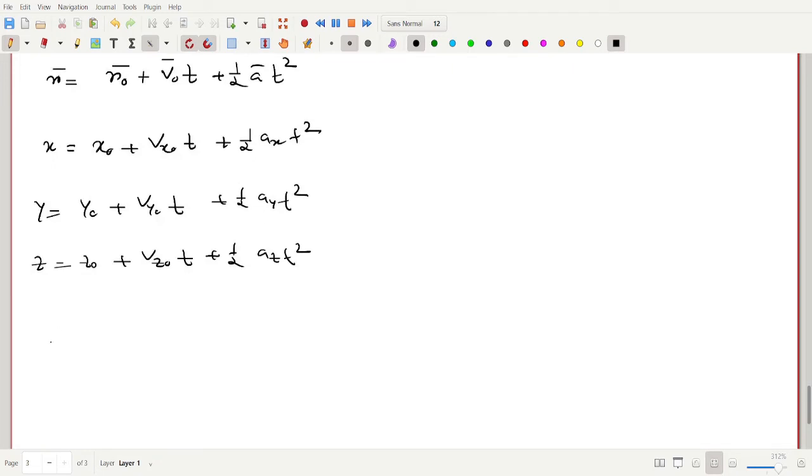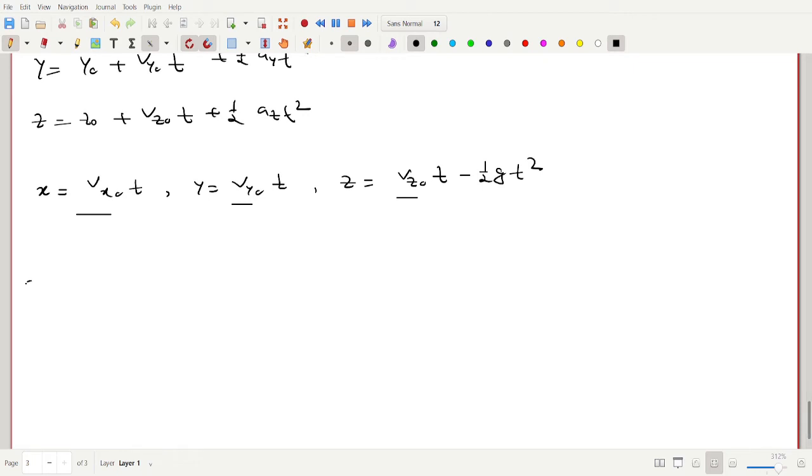Ax and ay are also 0. So x equals vx naught t, y equals vy naught t, z equals vz naught t minus half gt square. We already have calculated these terms. We can now do it easily. Just plug in the values of t, g, and vx naught, vy naught, and vz naught.